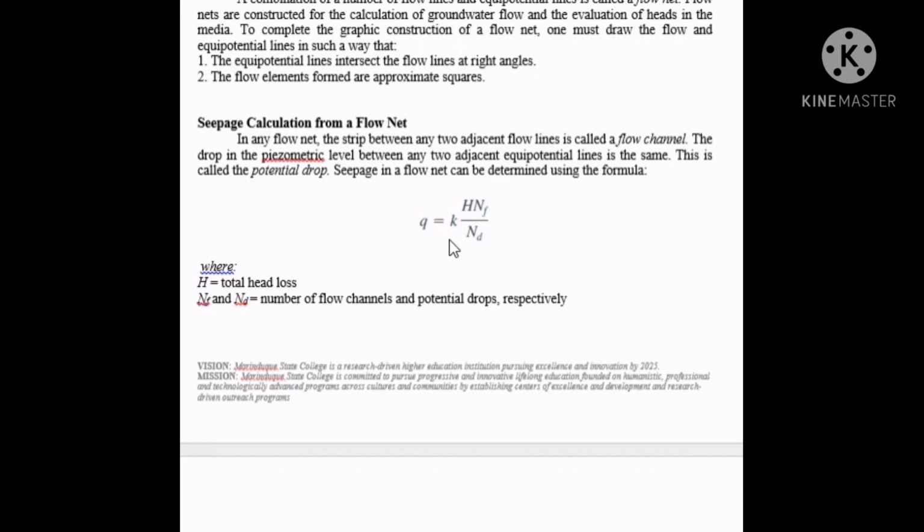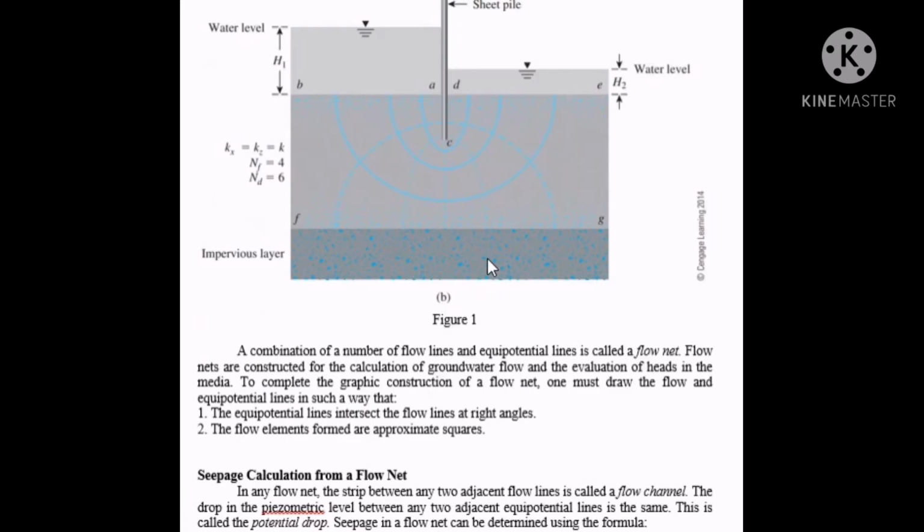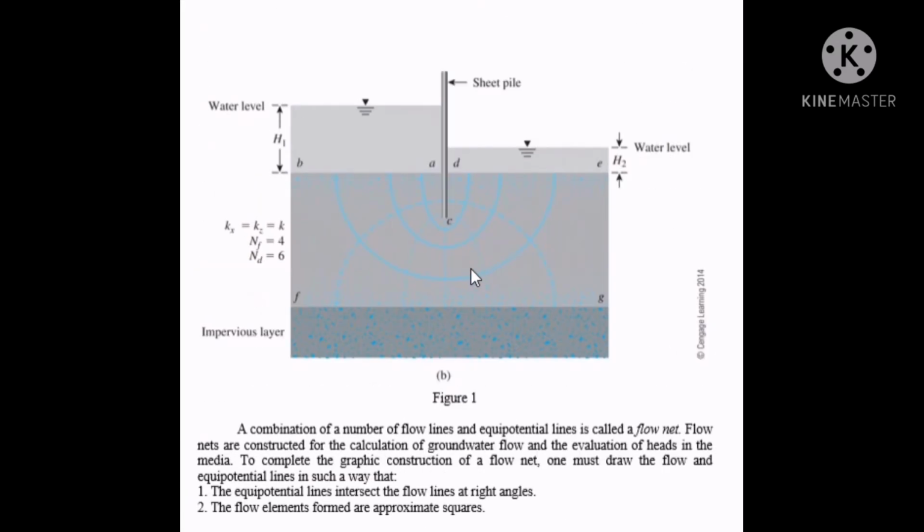How are we going to determine H in the flow net or in the sheet piles or in the dams or weirs? So H here is the difference between water levels. If you look at this one, this is the upstream level and the downstream level.